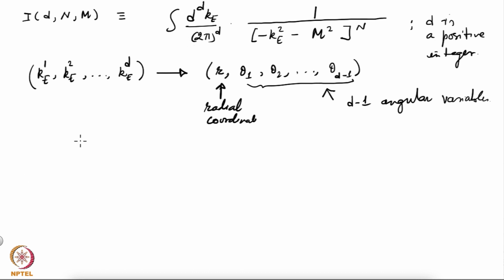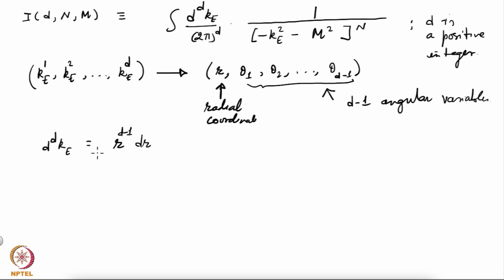How about the measure d^d k_E? That becomes r to the power d minus 1 dr. You see that you have to have a dr, right? Because you are going to these variables. But then you have to have a factor r to the power d minus 1, because now this balances the dimensions on both sides.